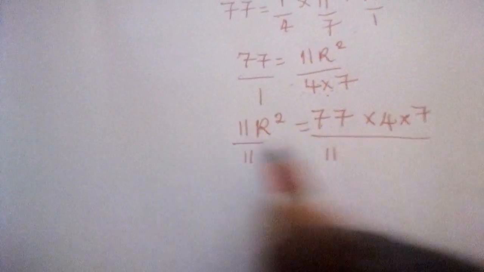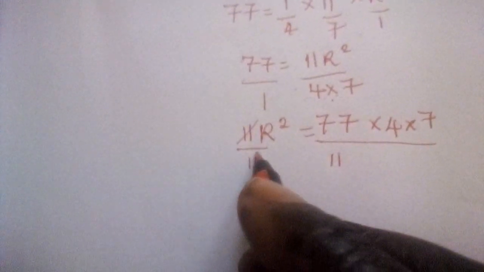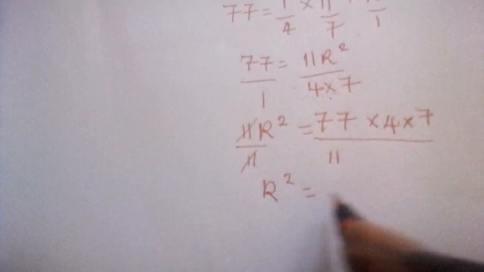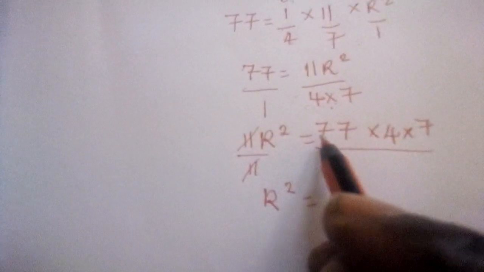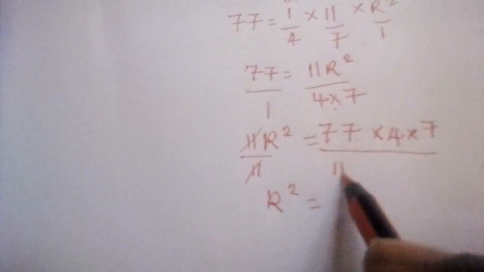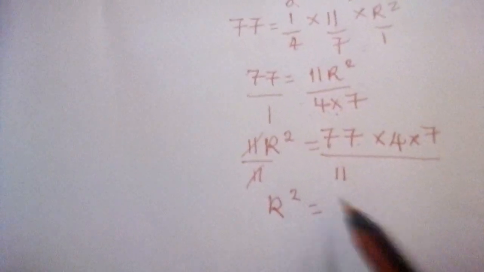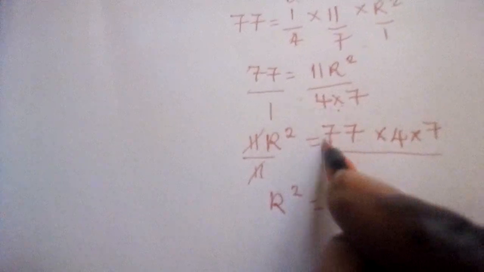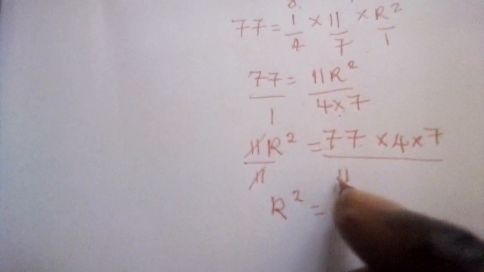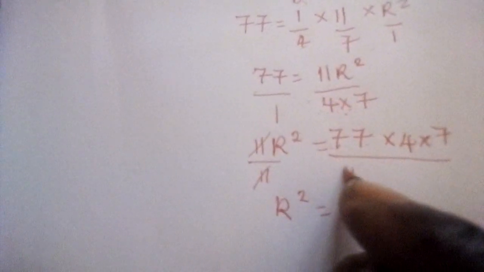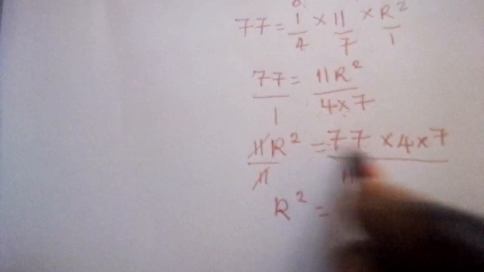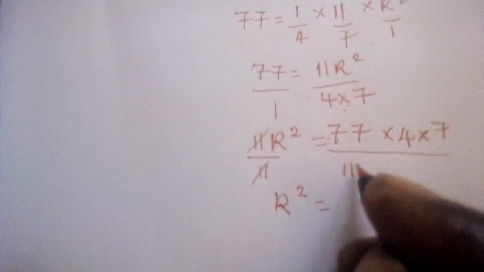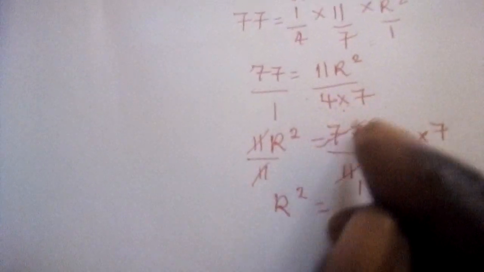This is why I'm doing all this. So the 11 and the 11 go. Whenever you get a number with 1, 1, and these are 7s, it means 11 in 77 goes in 7 times.